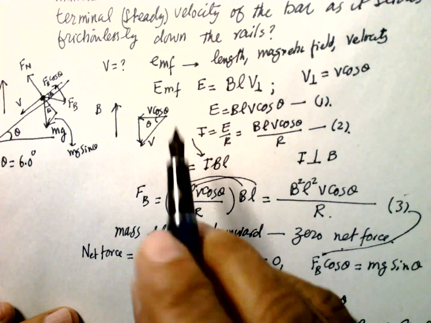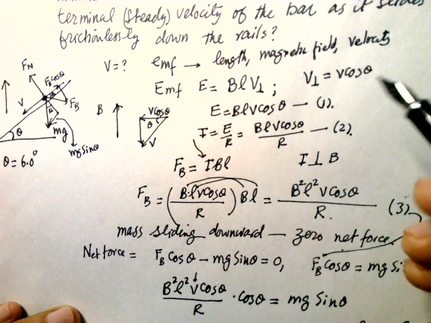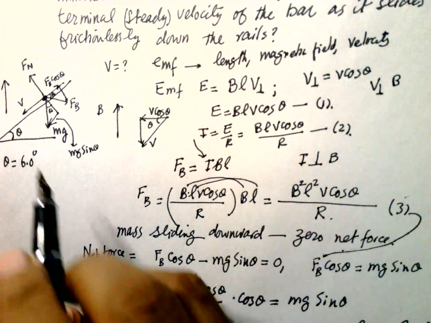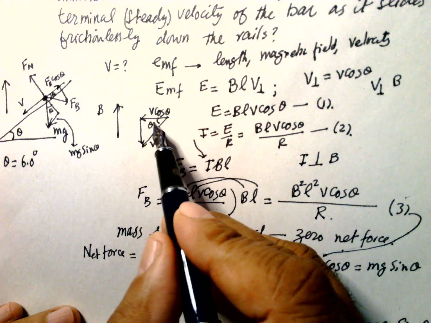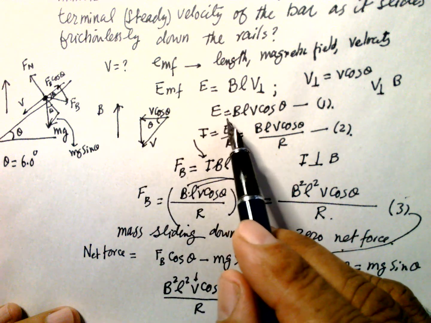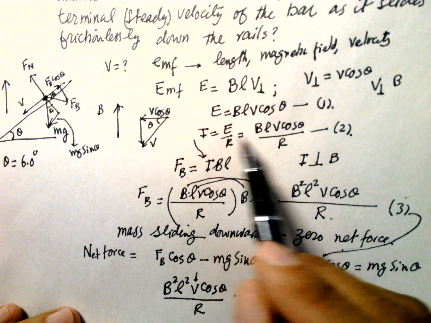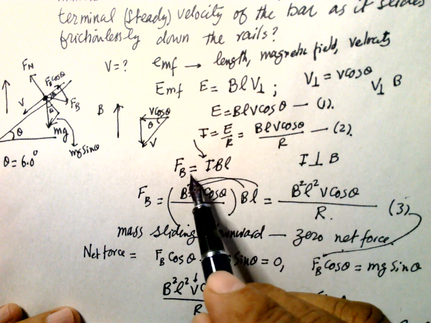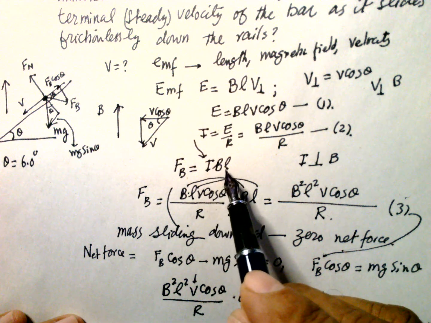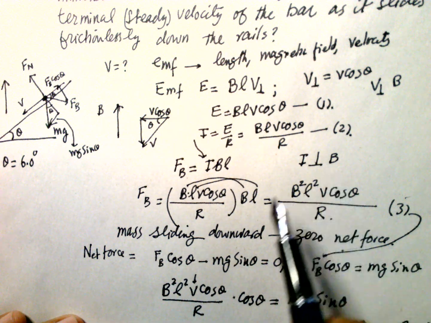First, find out the EMF, and the velocity component should be perpendicular to B. V perpendicular to the magnetic field. So this is anti-parallel and this is perpendicular. So E is equal to BLV cos theta, then divided by R, then we get the current. From this, FB is equal to IBL. I and L, B are perpendicular, so the sine is 1.